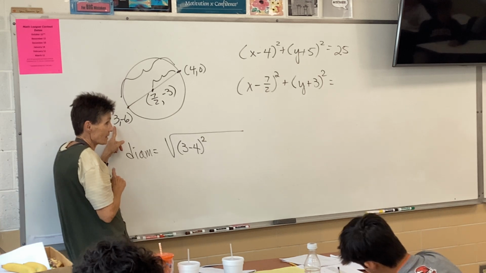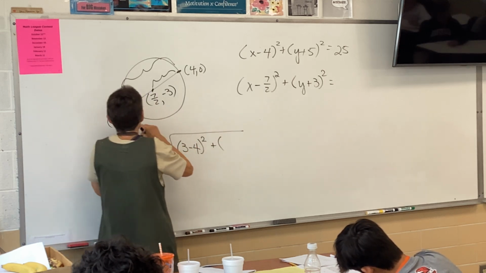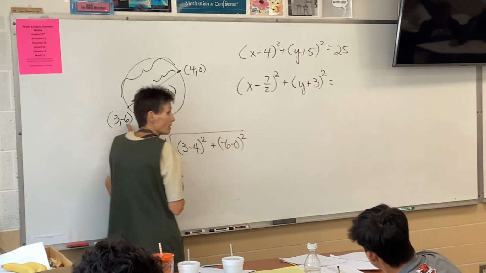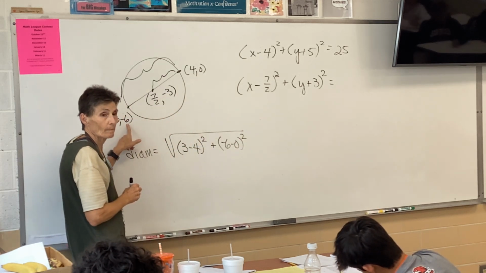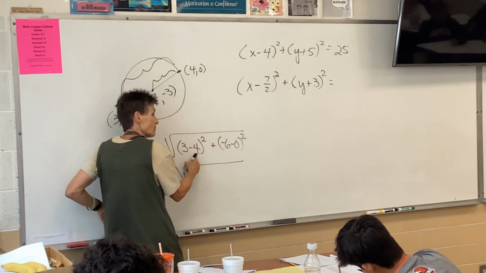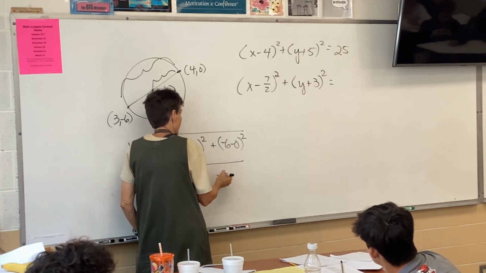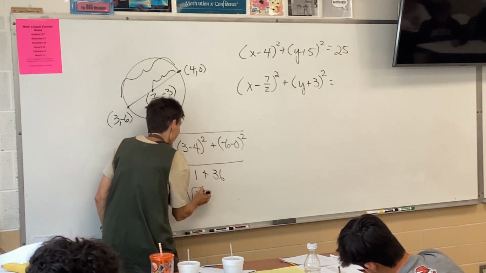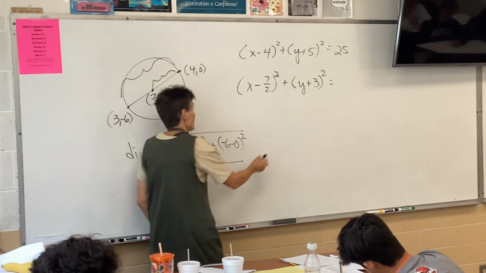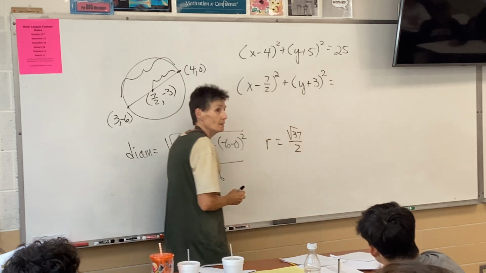X minus x squared, negative 6 minus 0 squared. So what have I got? 3 minus 4, 1, 36. So I got the square root of 37. My radius will be the square root of 37 over 2.